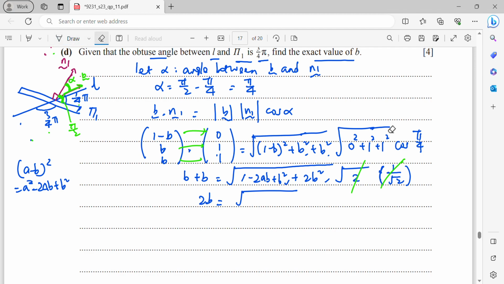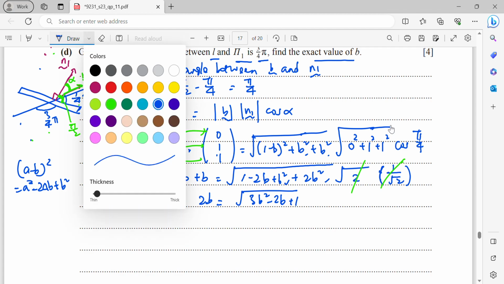So I'm getting 3b squared minus 2b. Okay, this is not 2ab, mistake. It is 2b, because your a is 1. Right, 1 minus b squared is 1 minus 2b plus b squared. So here is going to be minus 2b plus 1.